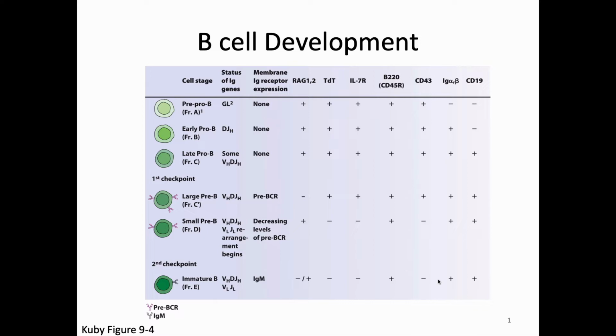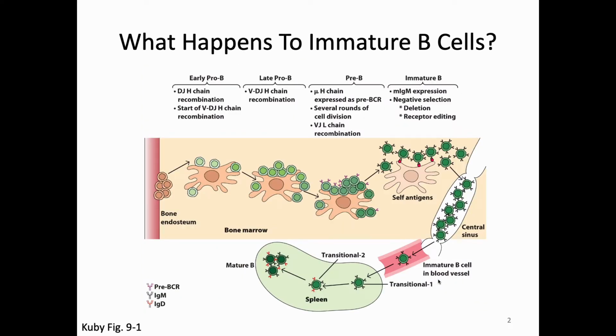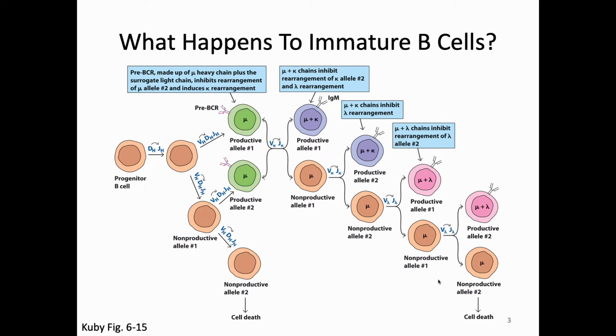So we're basically here now talking about what happens to those immature B cells today. So we are really kind of with the immature B cell. We have not yet let it leave the bone marrow. So we're still up here thinking about what exactly that immature B cell does. And one of the things that we talked about last time was the testing of the light chain. And we saw that the B cell got 4 tries to make a functional light chain.